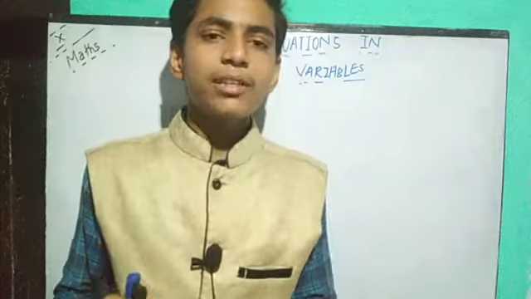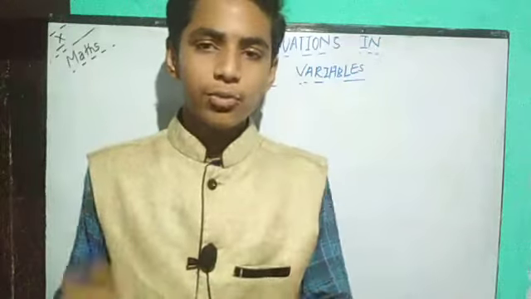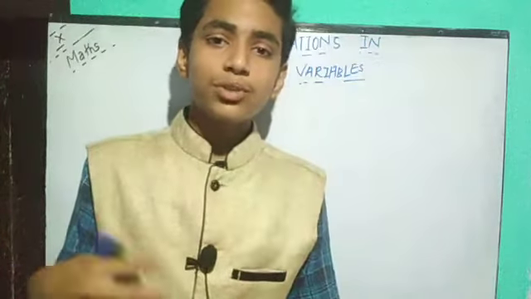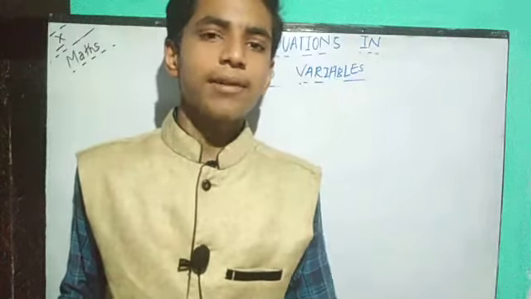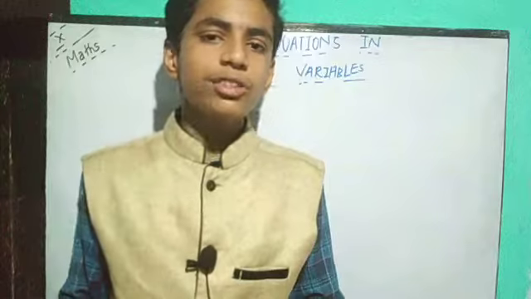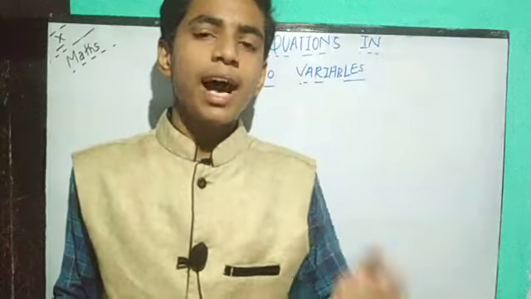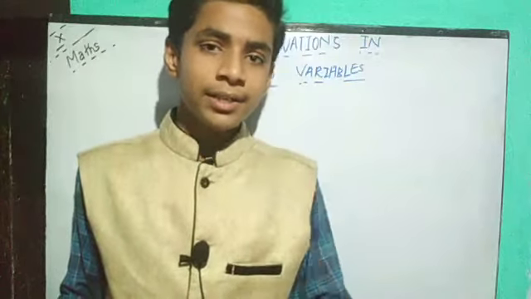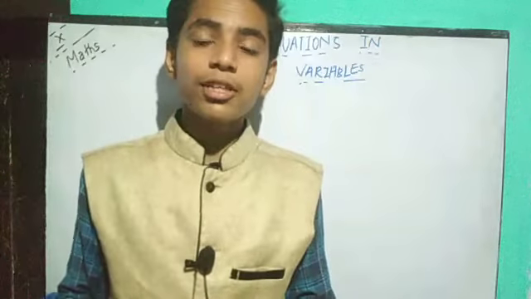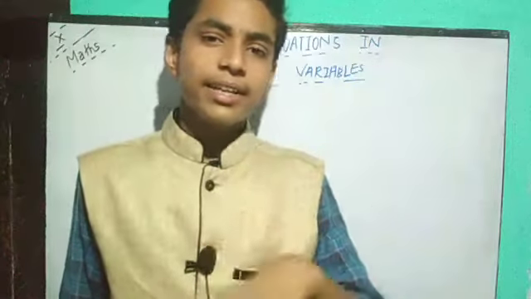Either we can find it algebraically, or we can use the graphical method. Let me tell you first about the graphical method that we are going to see in this video, and the algebraic method of solving linear equations in two variables we will see later in the next video.